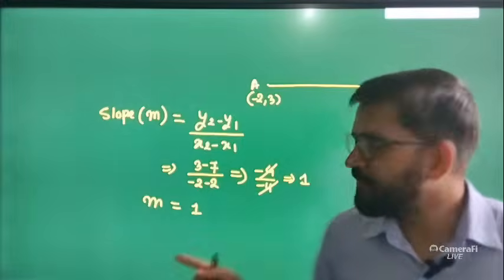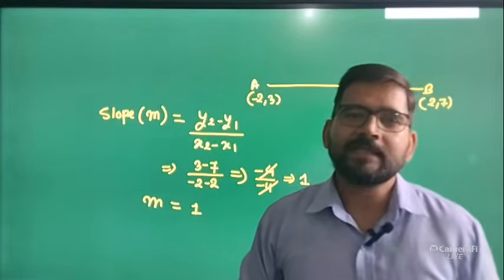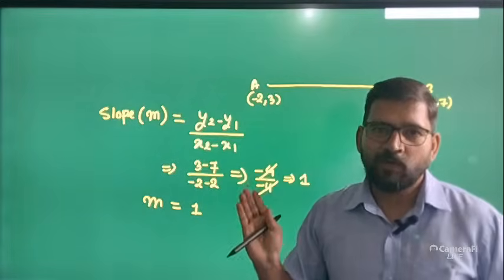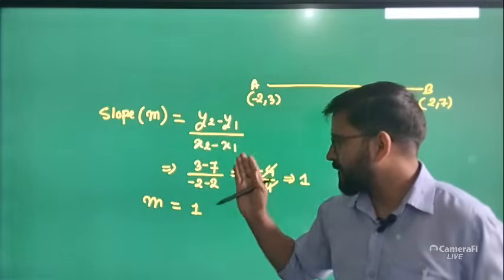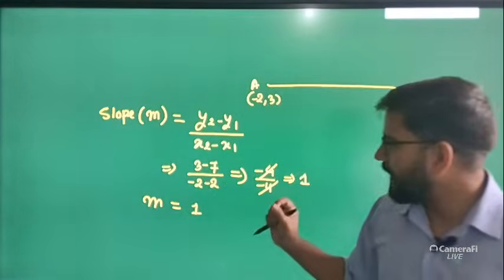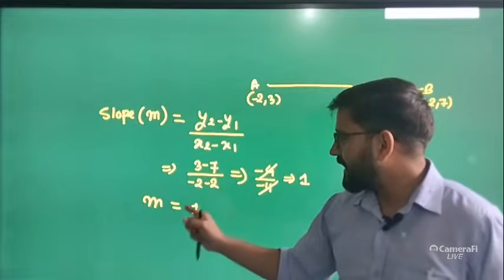So can you guess, if slope is 1, what is the inclination of this line? That is, what is theta, the angle that this line is making while intersecting the x-axis? For what value of theta tangent is 1?